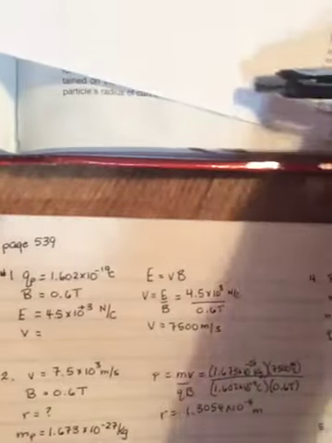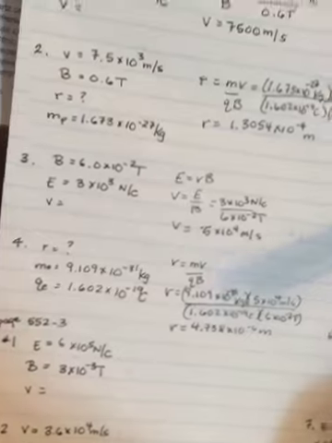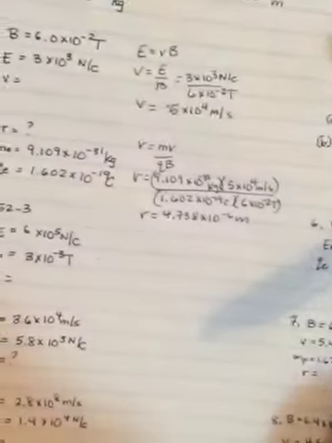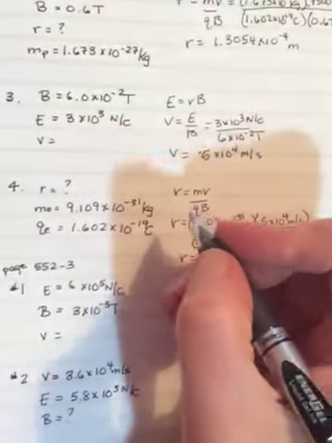Alright, that's it for that page. So then we flip pages and we go over to 552. The first question on 552 wants you to find the speed. It tells you the electric field and magnetic field are crossed. One is 6 to the 5th, the other is 3 to the 3rd.